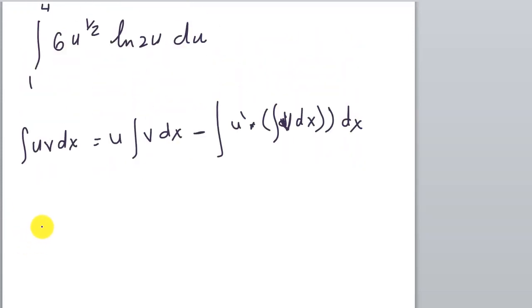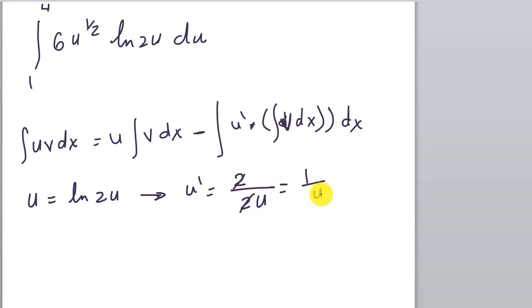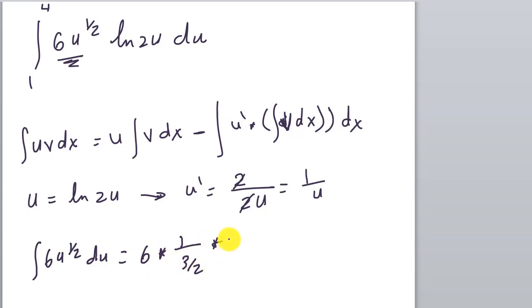So u will equal ln 2u, so u dash is equal to 2 divided by 2u. So u dash is 1 over u. The second one, which is the integration of 6u power half du, is equal to 6 multiplied by 1 over 3 over 2 multiplied by u power 3 over 2.